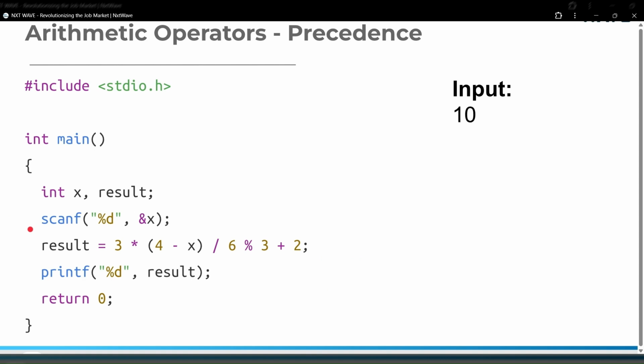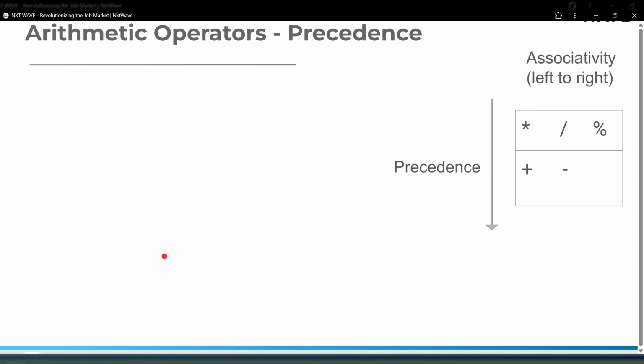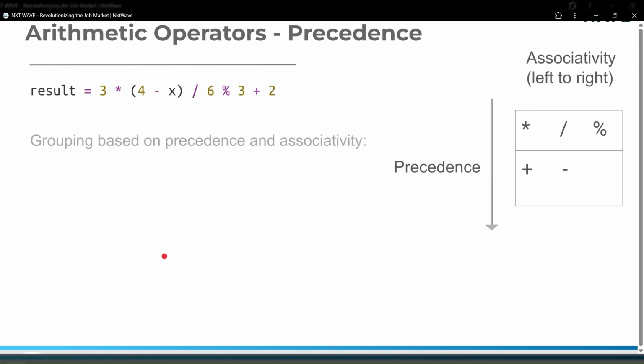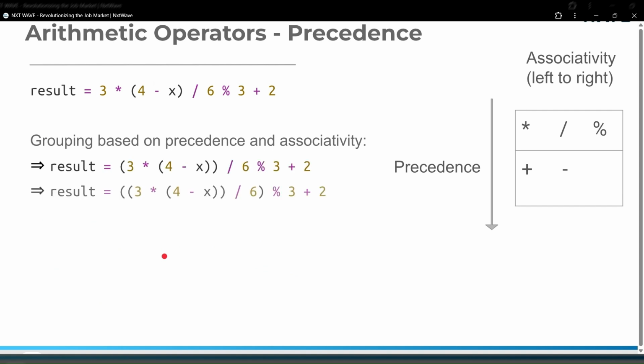Here is another example. The input is 10, whereas scanf %d reads x as 10. It is in the format of integer, and the result is also in the format of integer. This is the expression. Let's solve this expression. First of all, we should solve 4 minus x. We should find the x. This is the process. Grouping is based on precedence, whereas associativity is from left to right.